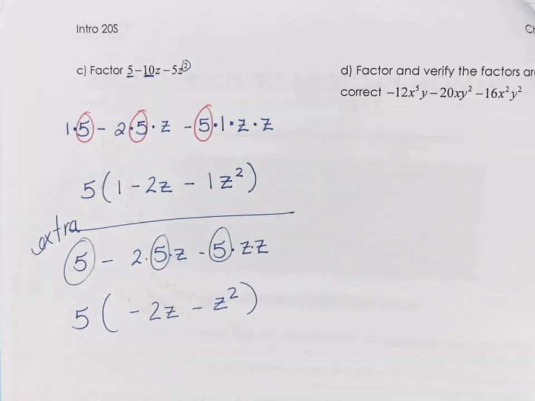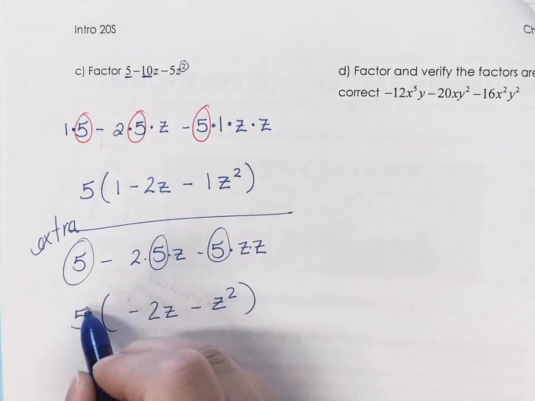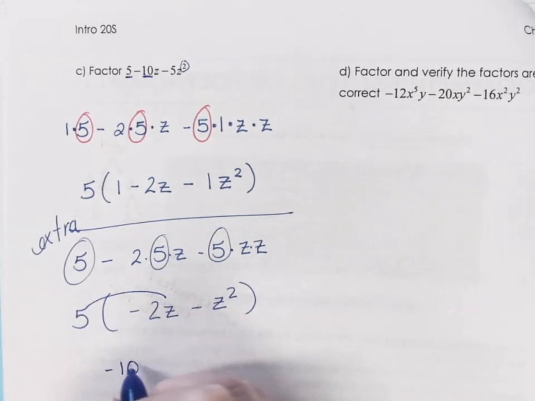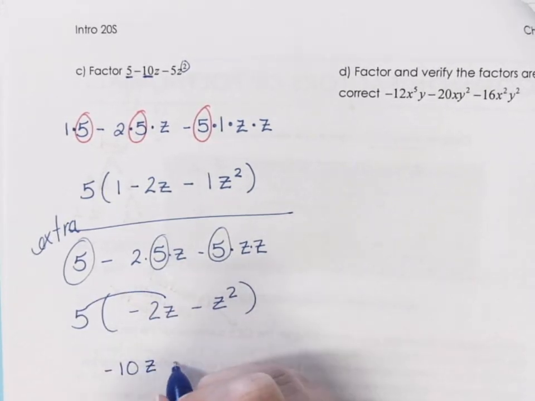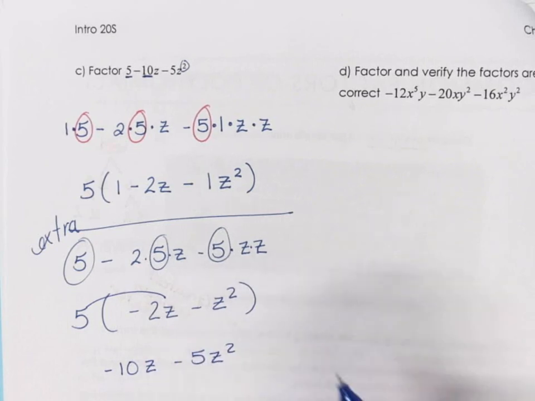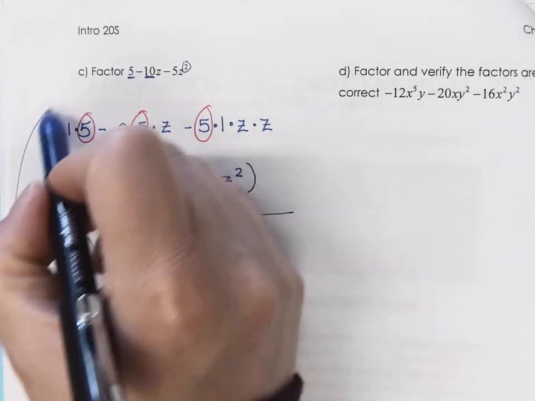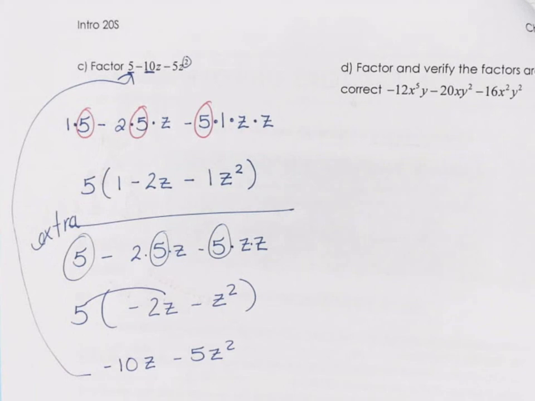The reason I would know this is wrong is that if I go back and multiply it through, this is going to give me negative 10Z minus 5Z squared. Does that match the original? No, it doesn't. I'm missing that 5, right? So that 1 is really important that it stays there.